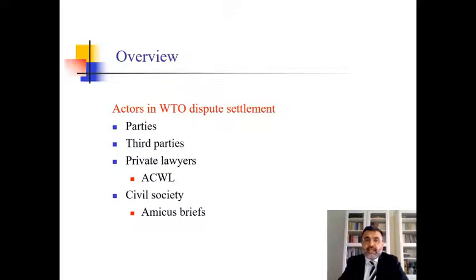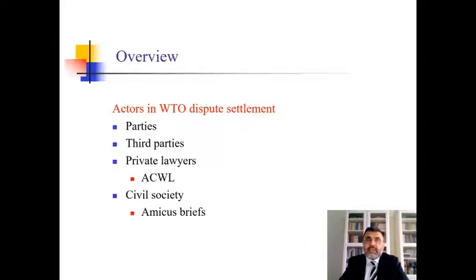Now, civil society, as I mentioned, the WTO dispute settlement mechanism is only available to the members of the WTO. It's a government-to-government mechanism. But civil society, in other words, NGOs, happened to play also a role by submitting what is called amicus curiae briefs, right? This happened in cases that involved measures that had an impact or a perceived impact on the environment.